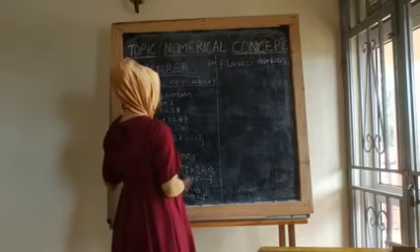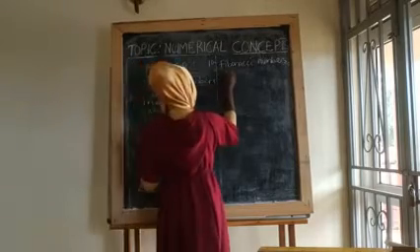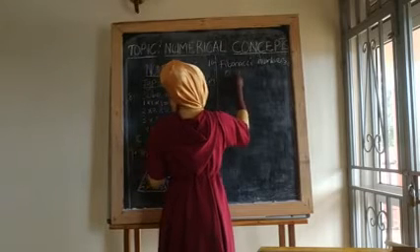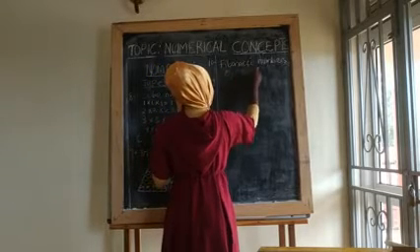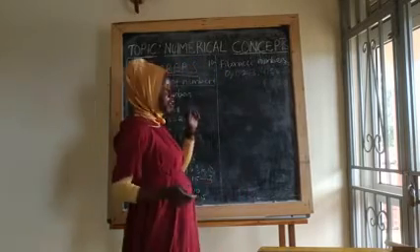For example, we have a set of whole numbers, and my whole numbers are simply 0, 1, 2, 3, 4, 5, 6, and so on. That is my set of whole numbers.